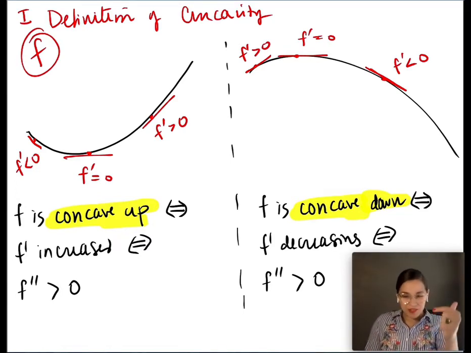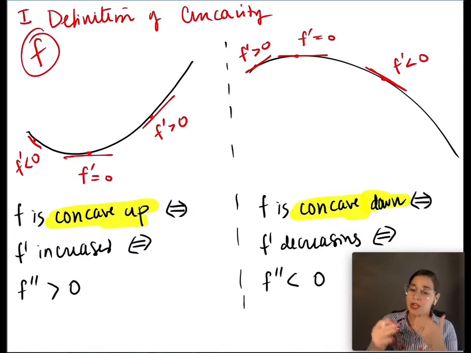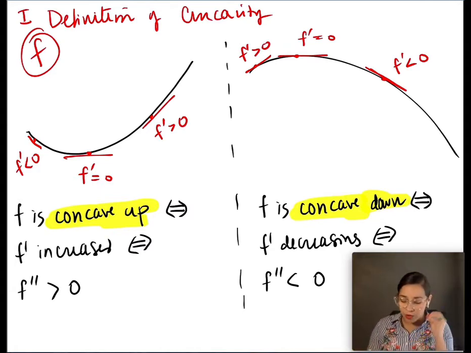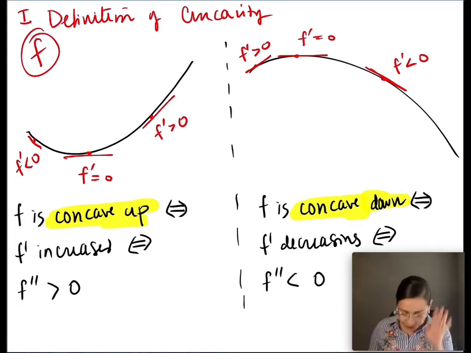Therefore, the derivative of the derivative has to be negative, okay? One more time, I know that if a function decreases, then its derivative is less than 0. In this case, the function that is decreasing is a derivative. Therefore, its derivative will be less than 0, meaning the second derivative of the original function, okay?